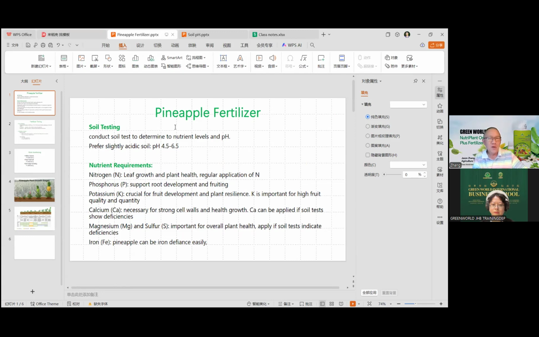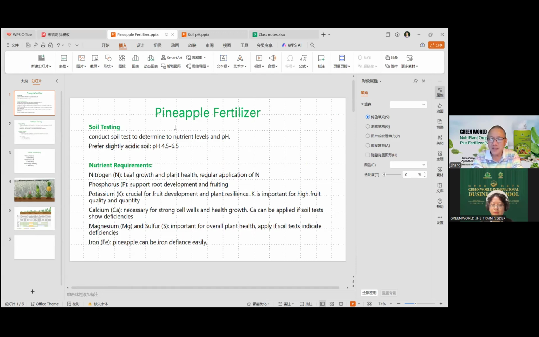Or, when you work on soil pH, you add calcium to it. The thing is, when you add too much calcium, you change your soil pH. When you change the soil pH, pineapple doesn't like it, blueberry doesn't like it.